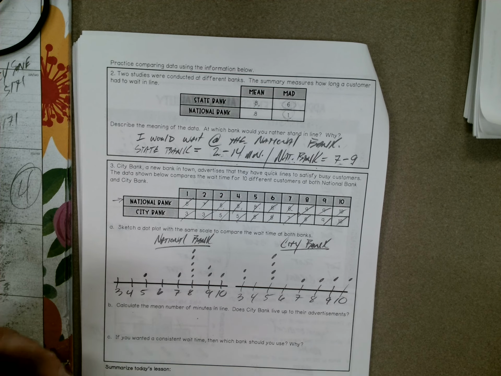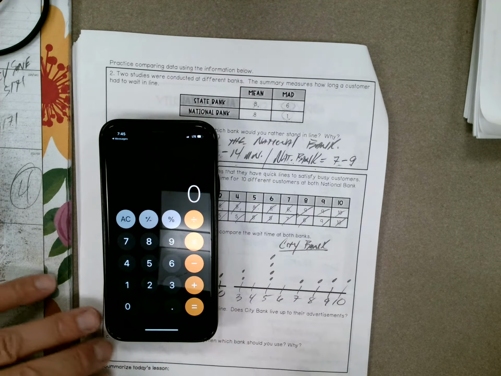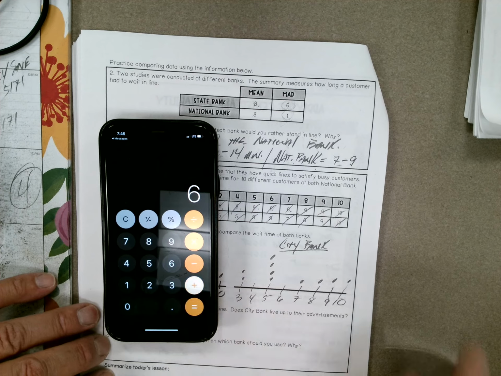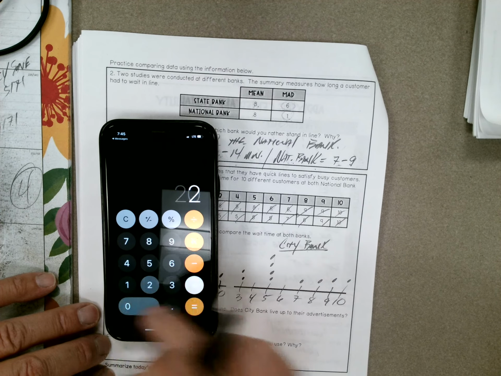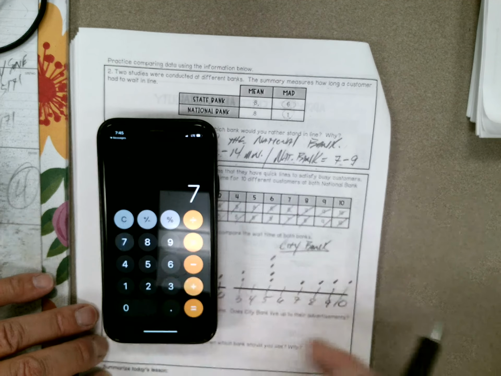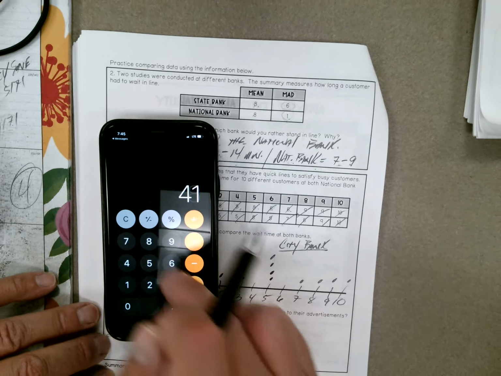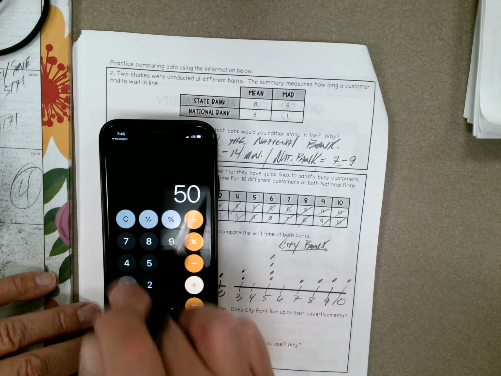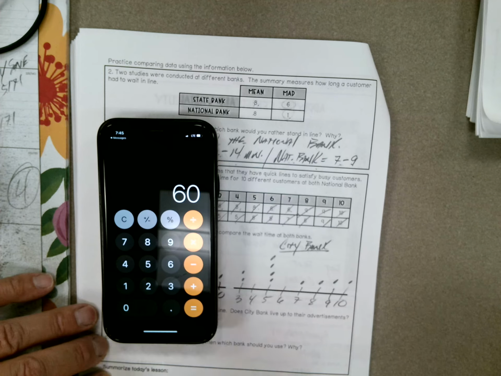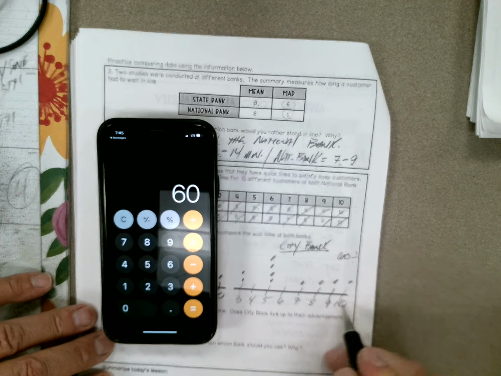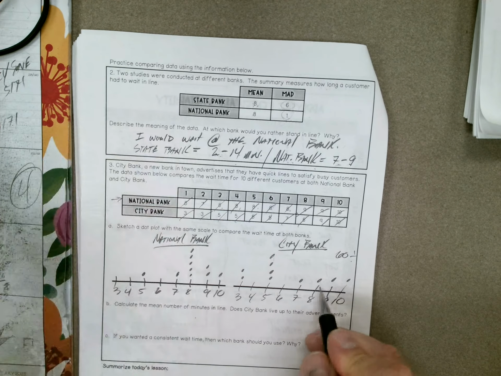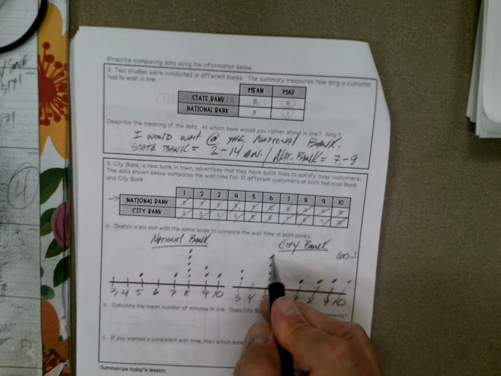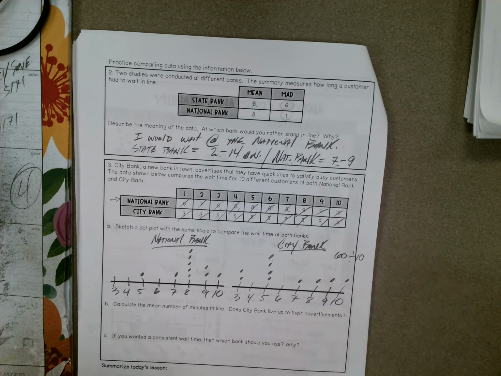I have a 6 and 4 5s are 20 plus a 7 plus 8 plus a 9 plus a 10, and that equals 60. So the total is 60, and we're going to divide that by 10.